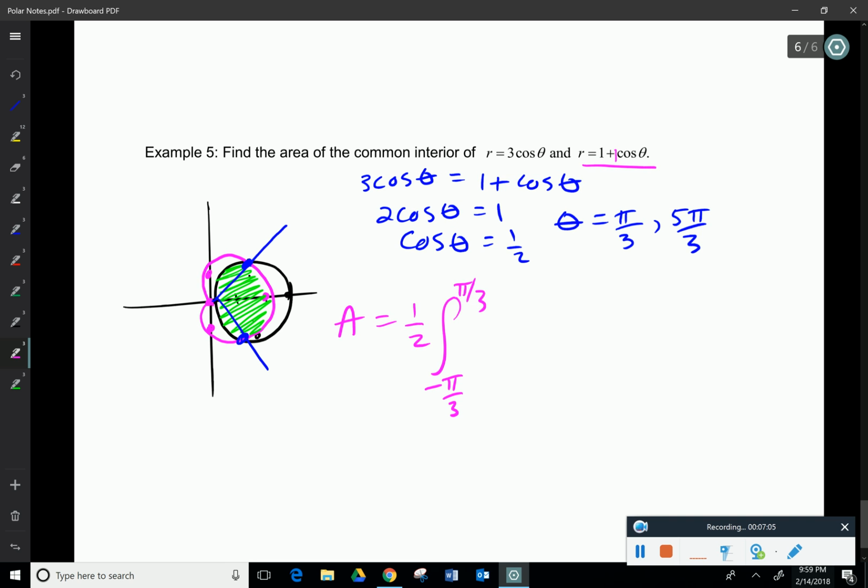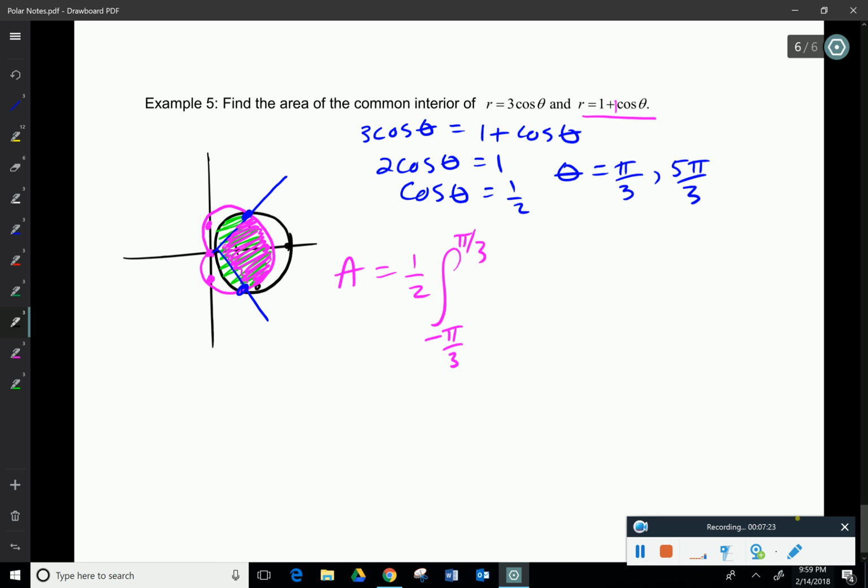Then if I integrate the pink curve between the blue lines, I'm only going to get this part, right? Well, there's more that I want. I mean, you see that other green part? You've got a little sliver right in here, right? But I also want this little sliver right in here.